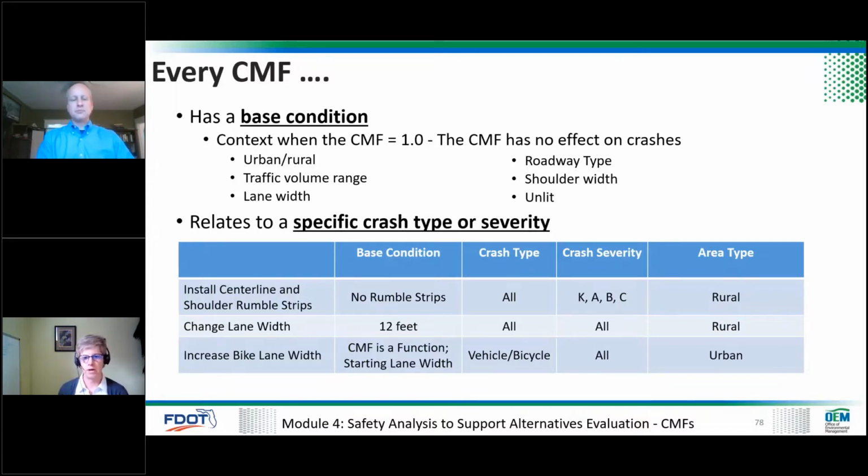When you're selecting countermeasures, you want to match that base condition to what your conditions are in order to start selecting the right countermeasure. And you want to select the treatment that might be influencing the crash type or the crash severity that you're considering. So you've got to look at all these different factors to help you select the CMF.